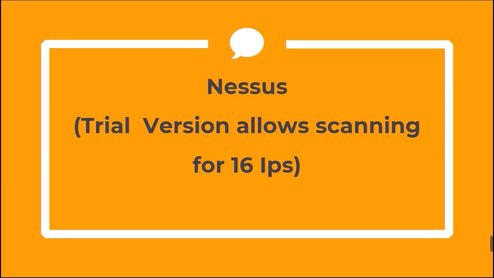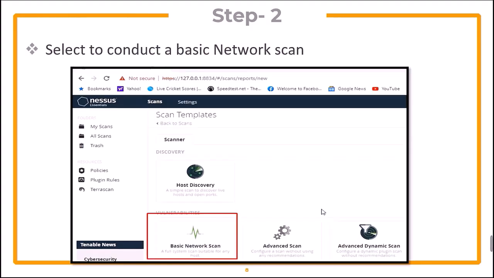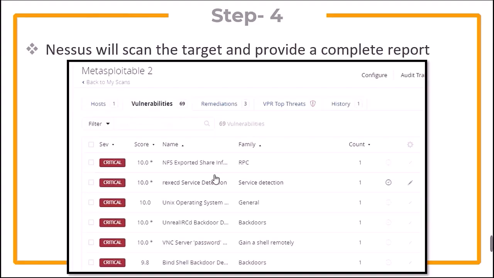However, the trial version allows scanning up to 16 IP addresses. To install Nessus, visit the official Nessus website. Download and install it. Select to conduct a basic scan. Give a target and start the scan. Nessus will scan the target and provide a complete report.